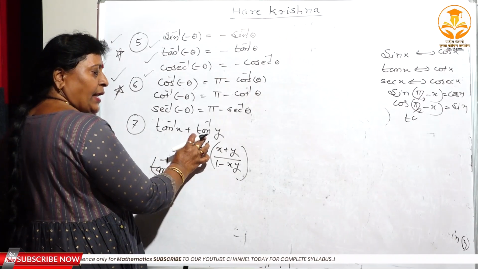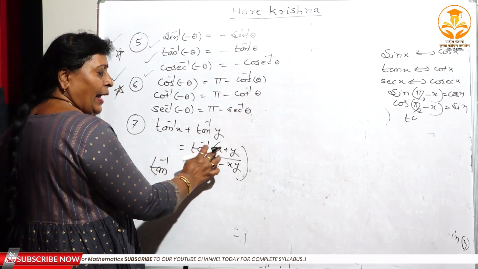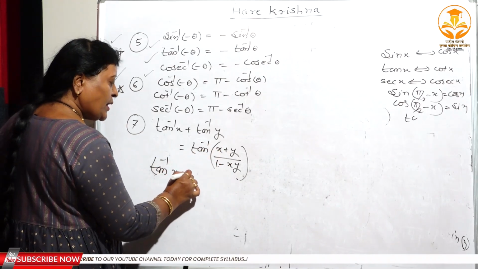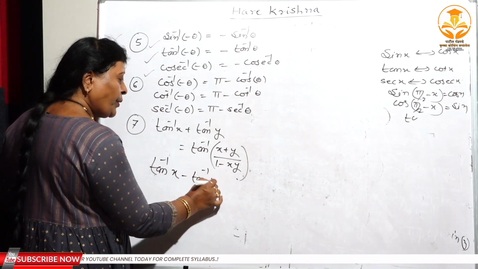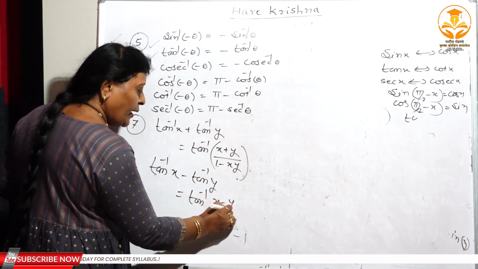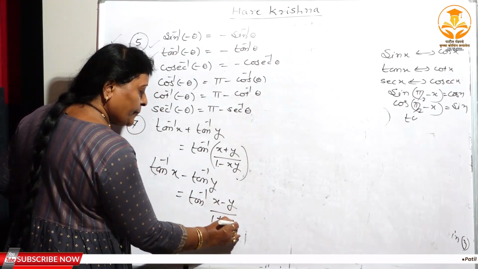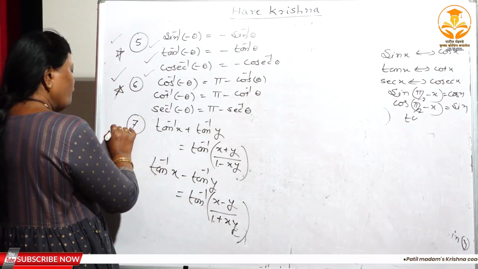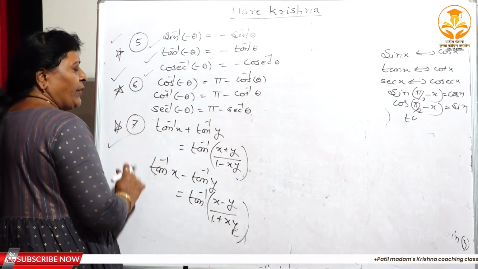Tan inverse x plus tan inverse y is nothing but tan inverse of x plus y divided by 1 minus xy. And tan inverse x minus tan inverse of y, you can write as tan inverse of x minus y divided by 1 plus xy. Isn't it? Now, this is again very, very important.